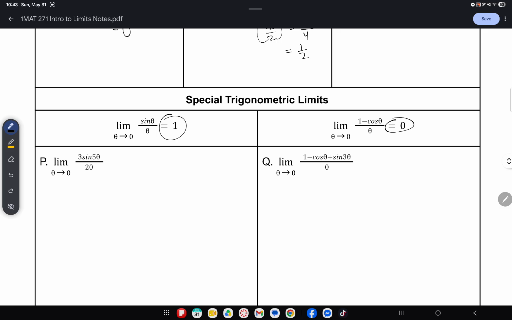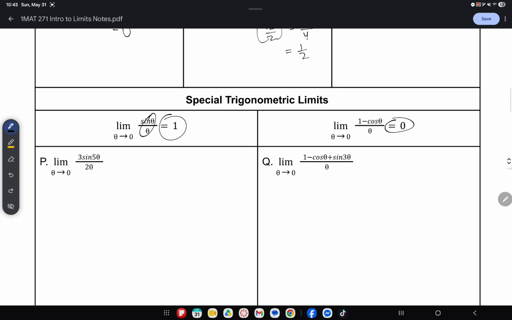We need to know how to manipulate some of these things to be able to use them. So like in this case here, I have sine of 5 theta over 2 theta. I need these two things to be the same, sine of theta over theta. So I need this bottom one to be some form of 5 theta.